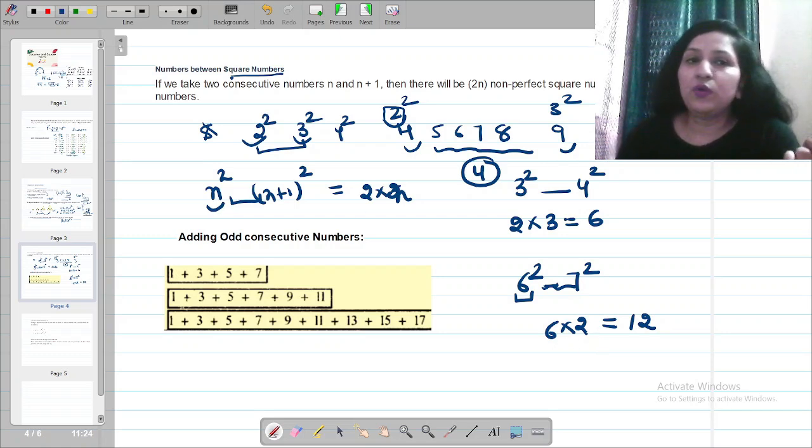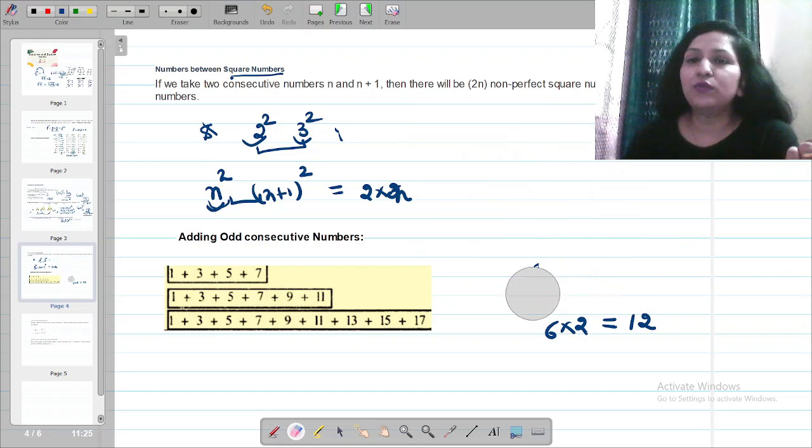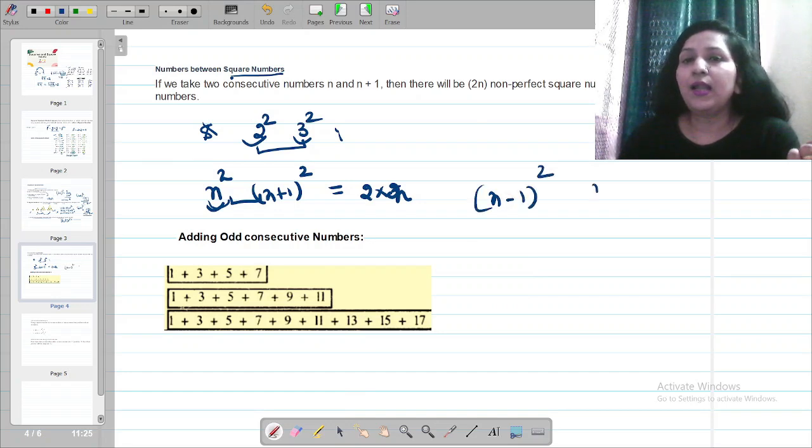Okay. So if two consecutive squares of natural numbers are there, n square and n plus 1 square, the smaller number multiplied by 2 will be your answer. One more thing, if I give you the question in the form of algebra, when the values are not given, let me see if you can guess the answer. If I have n minus 1 square and n square, which number is smaller?